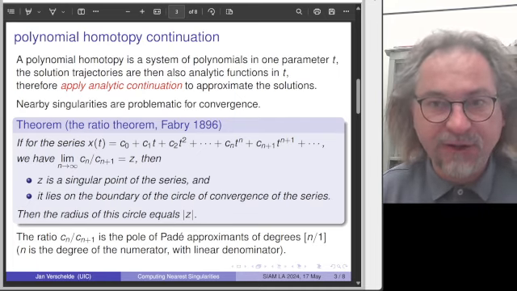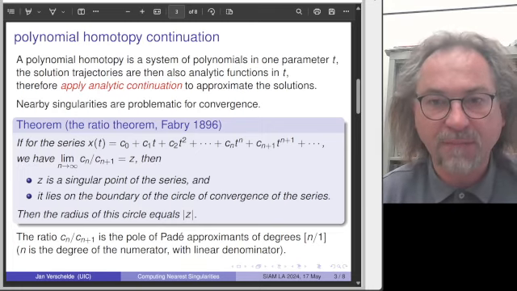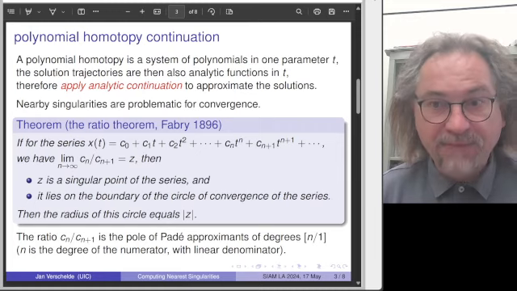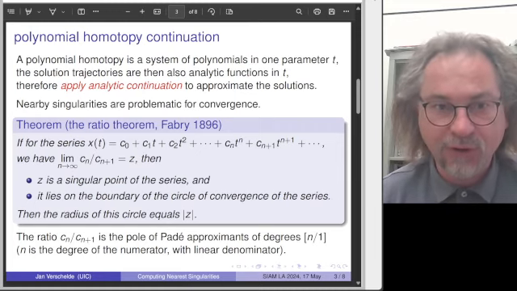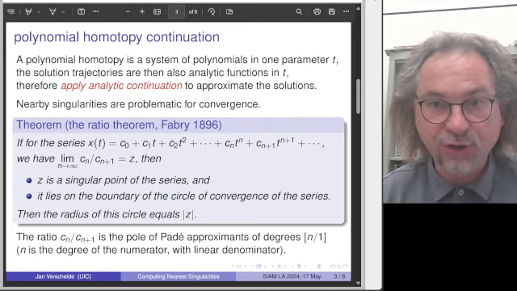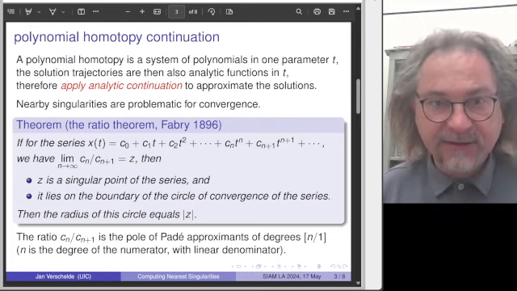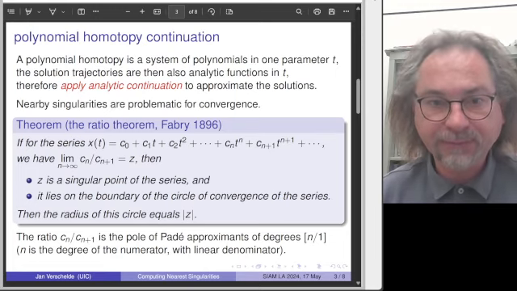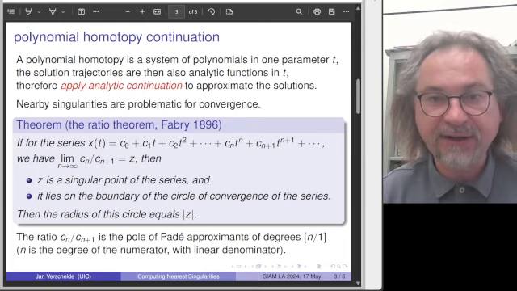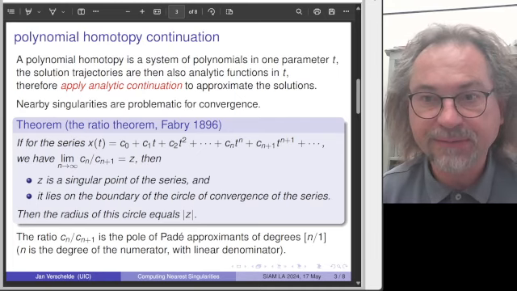And the central theorem, at least for this presentation, is the ratio theorem of Fabry. If you have a Taylor series and all the coefficients are non-zero, so the ratio is well defined, and if there is this limit, then the limit is actually the nearest singular point. And it lies on the boundary of the circle of convergence of the series.